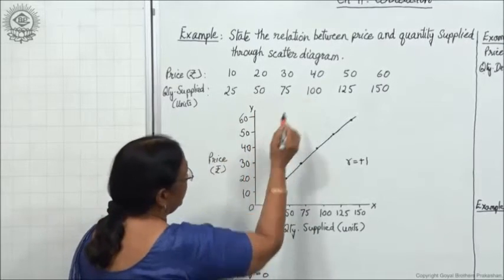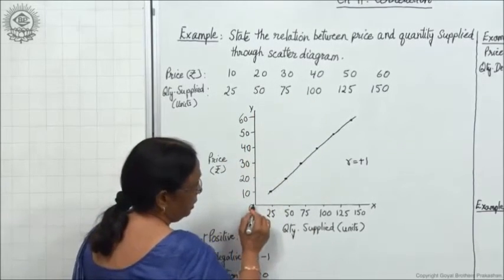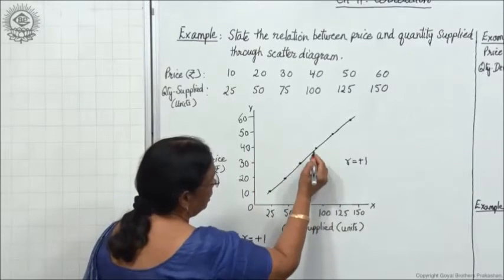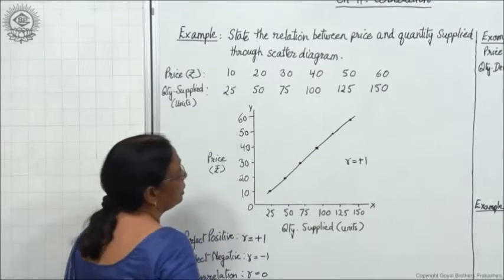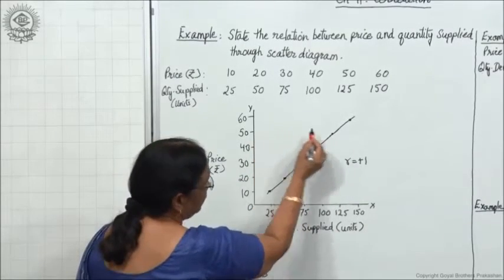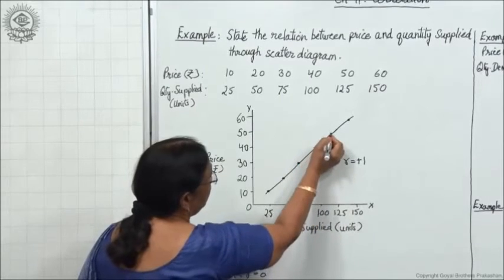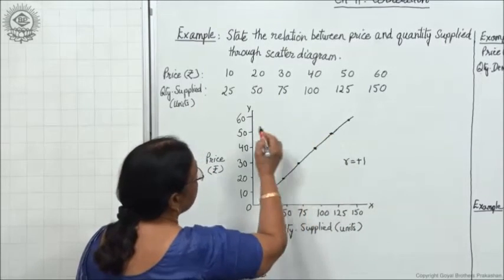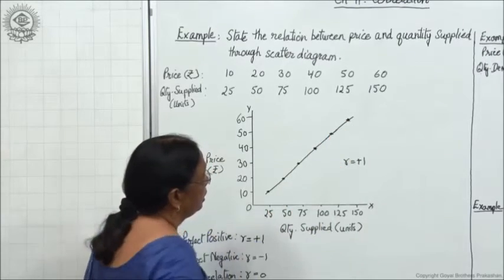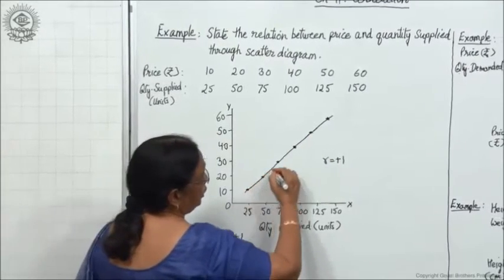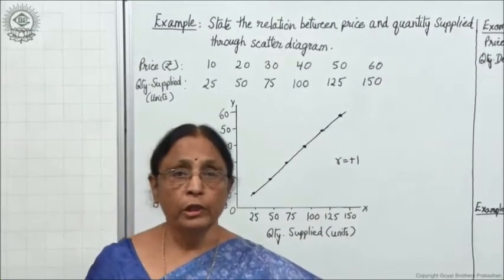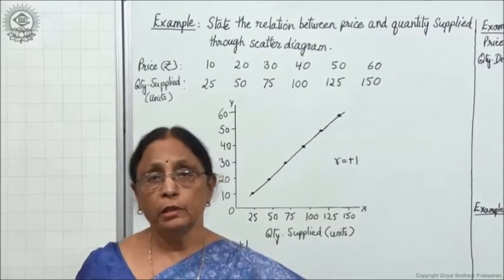Then 40 and 100, 40 is the price, 100 is the supply, draw a line here, here and get this point. Then at 50 it is 125, similarly we get this point. At 60 it is 150 and we get this point. And if we join the points to see what is the correlation, then we find that all the points are falling on the straight line.